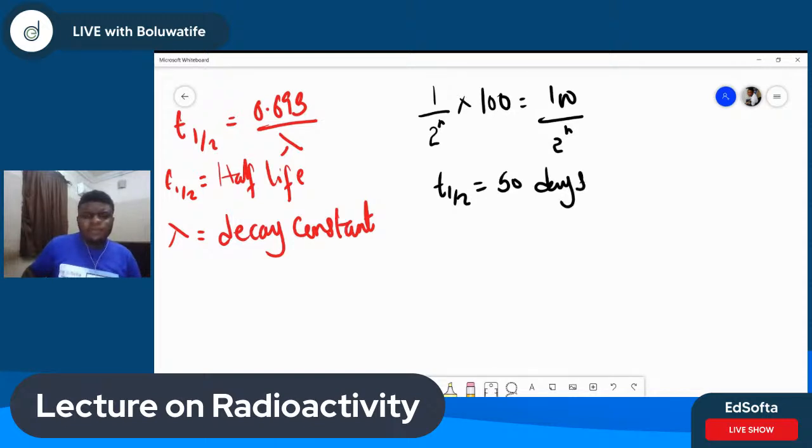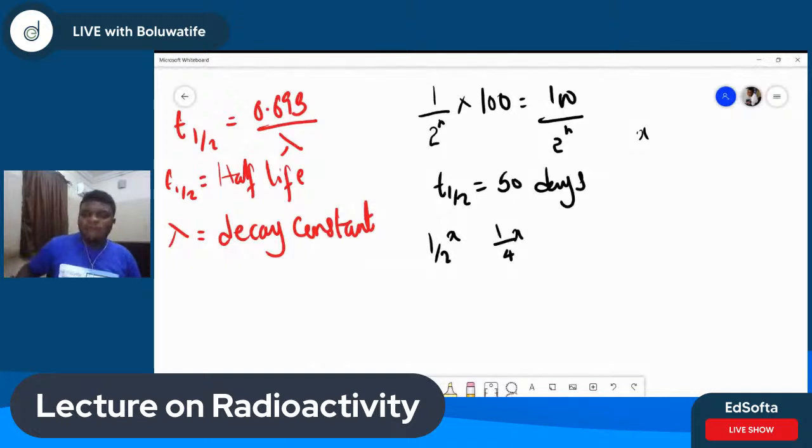Let's assume the mass is X. It will take 50 days to get to 1 over 2 of X, and 100 days to divide this by 2 again, which is 1 over 4 of X, and on and on.